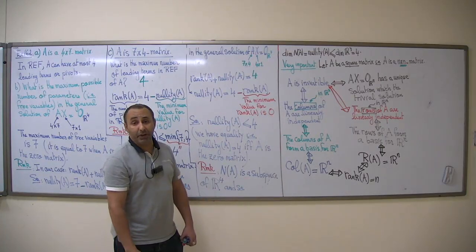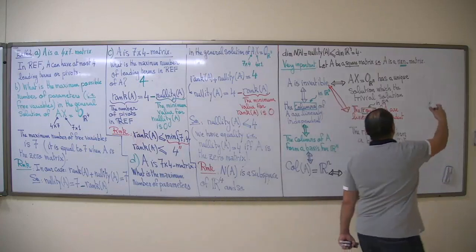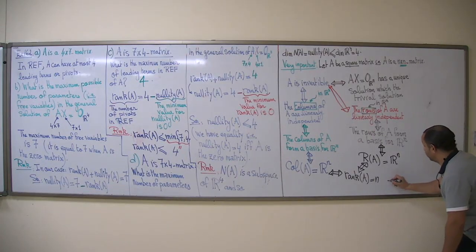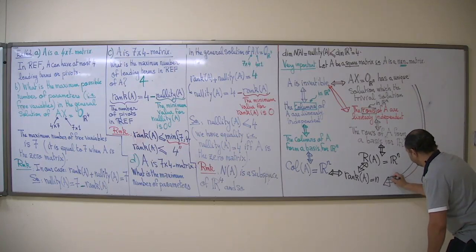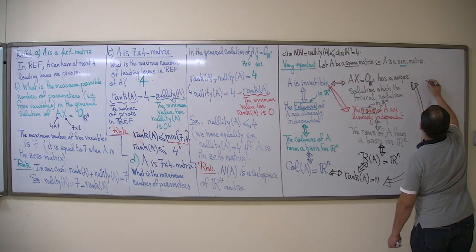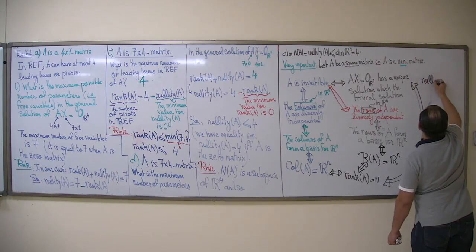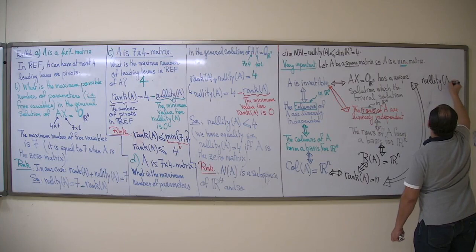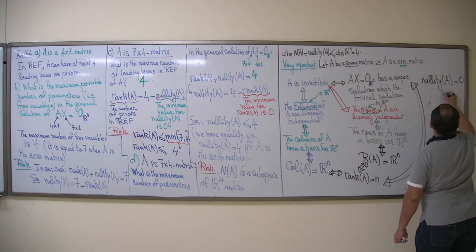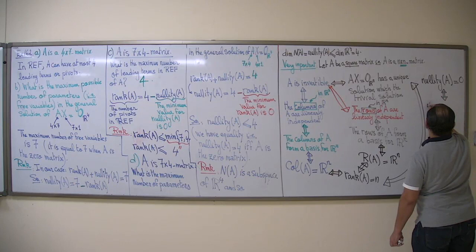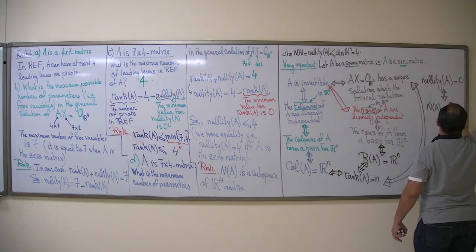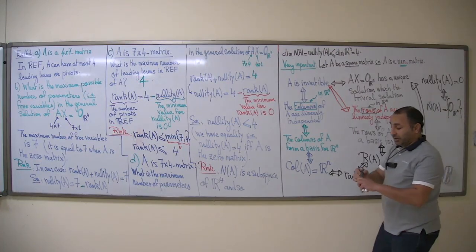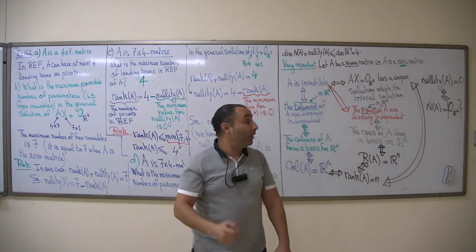The nullity of A, the dimension of the null space, will be 0, but you can see it from here also. That gives me that the nullity of A is 0, because the null space of A is reduced only to the 0 vector of Rn, which we call the trivial subspace, the subspace containing only the 0 vector.